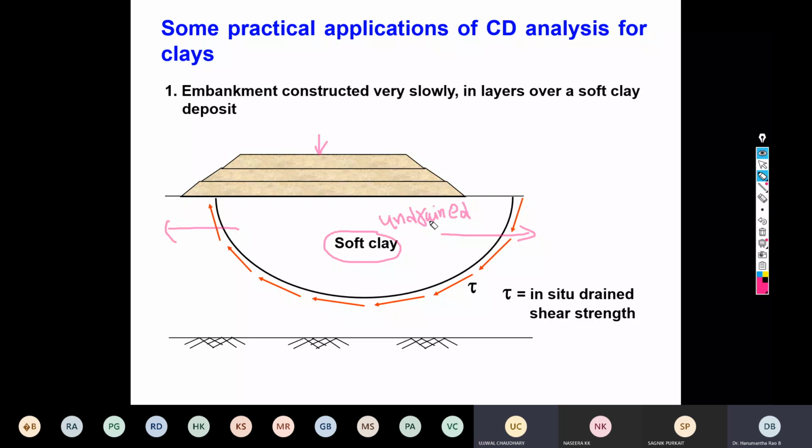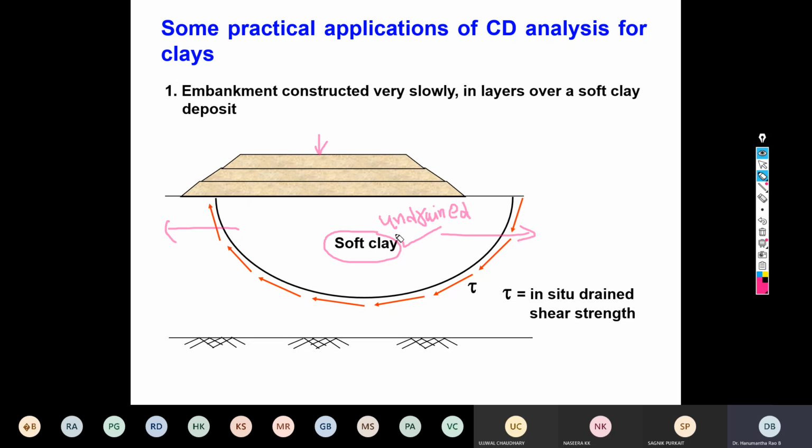Just remember, when I say soft clay and talk about the undrained condition, this soft clay is fully saturated. If the soft clay is fully dry, then drainage or undrainage, or total or effective stress analysis, is no longer relevant; it is only effective stress.